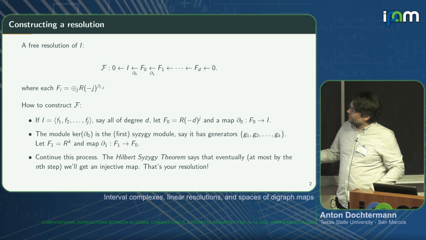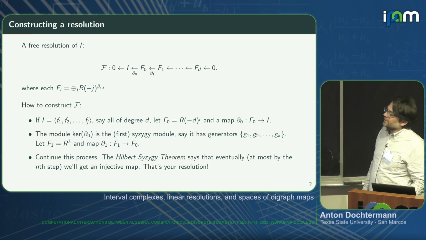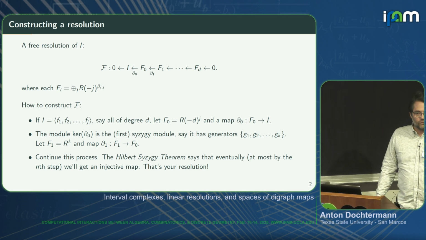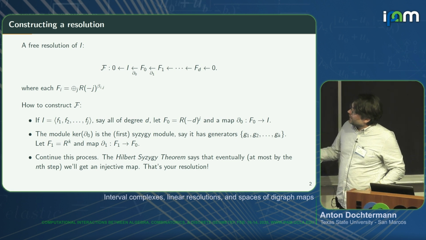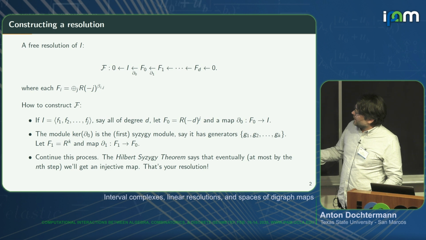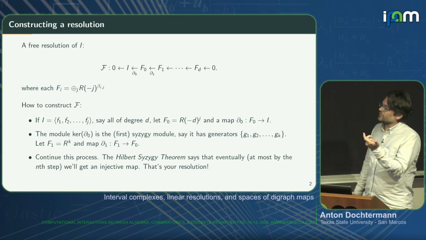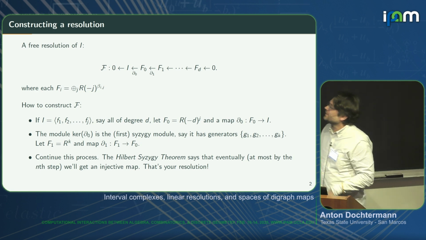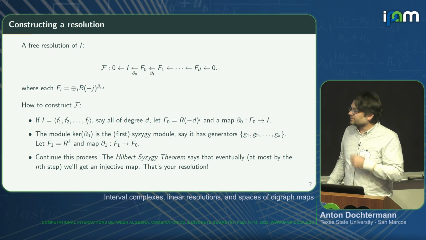So I can now define a map from this F0, with this basis, just surjecting onto those generators. I have one dimension for every generator. And then that morphism has a kernel, and that'll be the first syzygy module, and it has some generators, say G1 through GK, and rinse and repeat.